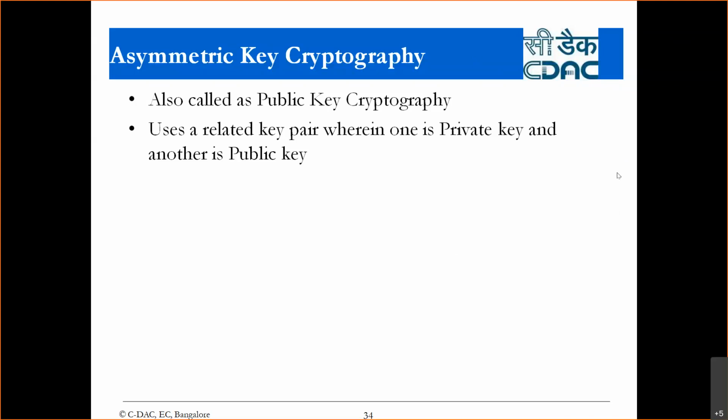So it is also called public key cryptography. It uses a related key pair wherein one key is called the private key and another is the public key. I request each and every participant to please concentrate on this particular slide alone. If you understand this slide, then you will be able to easily understand the digital signature concept.